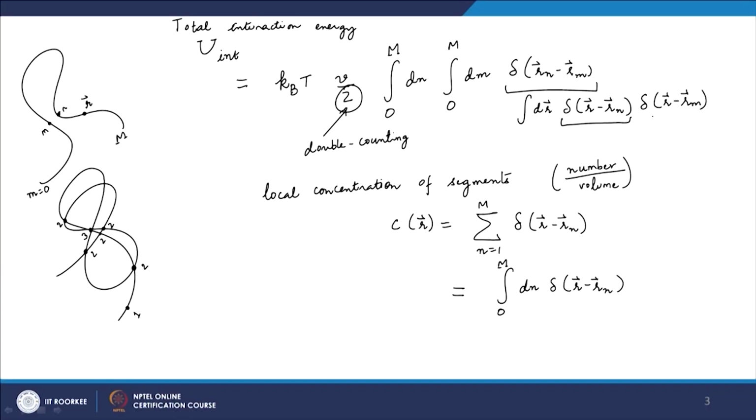So, if I integrate over all possible values of r the product of these two delta functions, r equal to Rn and r equal to Rm, then it basically corresponds to Rn being equal to Rm, and since we integrate over the entire space, this captures all the possible values of this position.